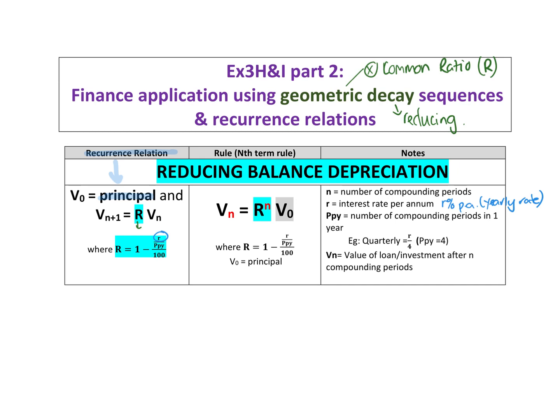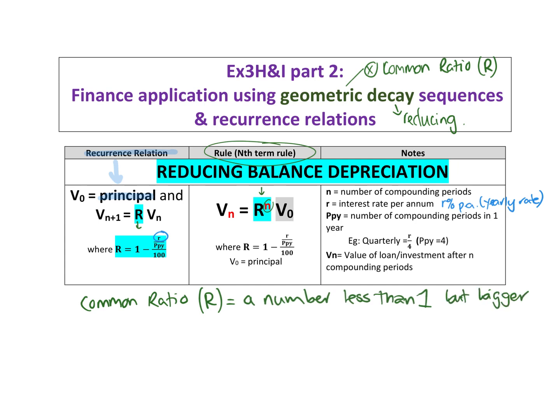Now in the middle here, we have our nth term formula. We use that R, and once again it's the power of n times the original. But this time, the common ratio R in this scenario is going to be a number less than 1 but bigger than 0.